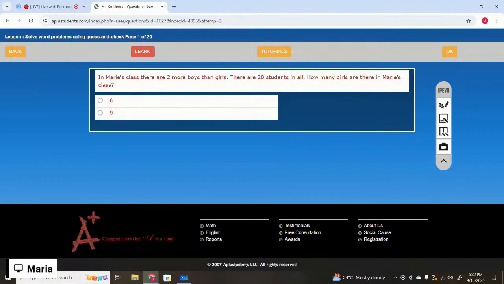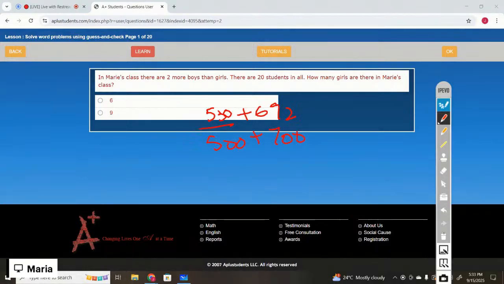There are 20 students in all. How many girls are there in Mary's class? So two more boys than girls. So that means there are nine girls, and two more is 9 plus 2, which is 11.